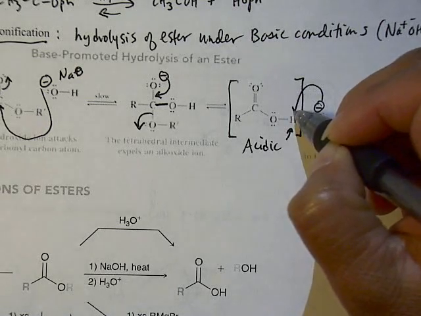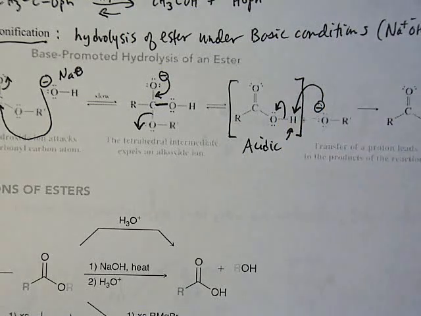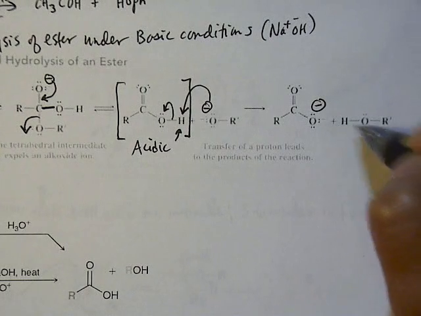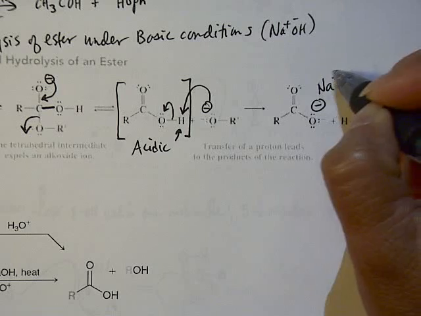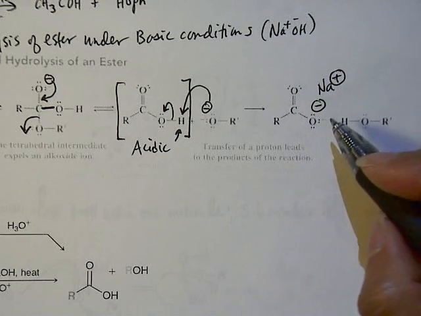So it's not going to stay around this acidic proton. It can't. It's going to be deprotonated, so the alcohol is formed, and the final product that you get is a sodium salt of the carboxylic acid.